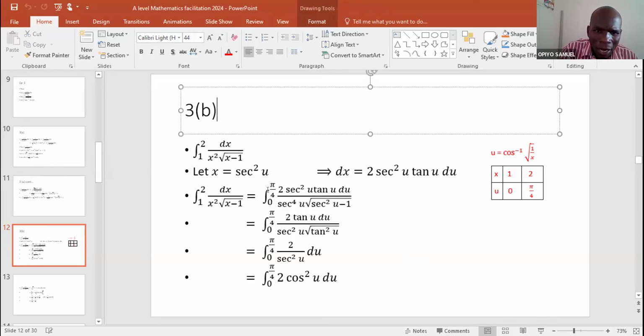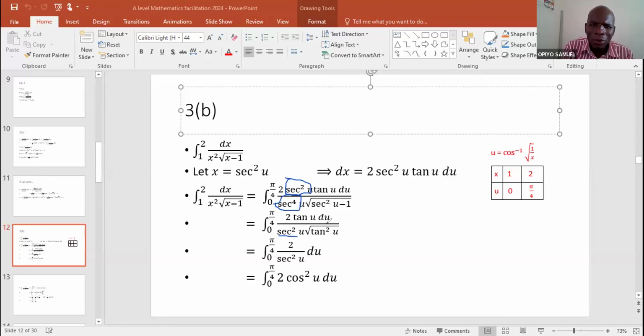So when we make the substitution, sec squared will cancel. Let me illustrate just a minute. If we have sec squared u here, and also here we have sec to the power 4, it reduces to sec squared down here, and tan u remains up. The expression inside the square root is simply tan squared u.